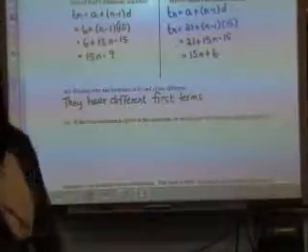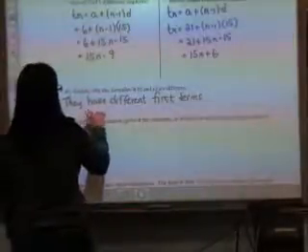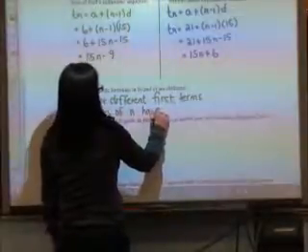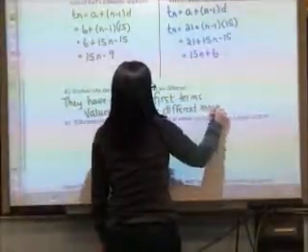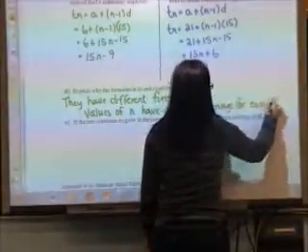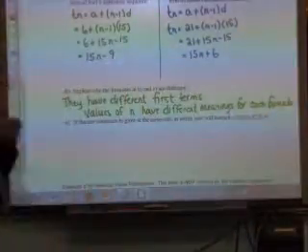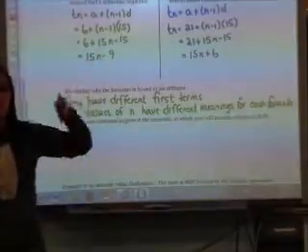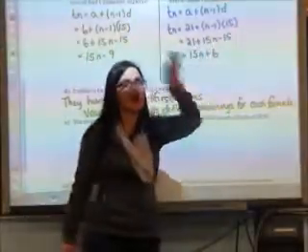And because the first terms are different, the values of n have different meanings for each formula. Because the n here is kind of including that year 2000, whereas the n for Jenna's is after the year 2000.